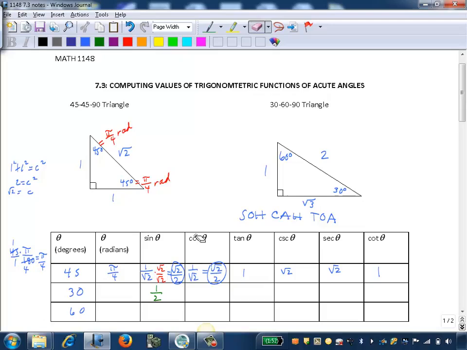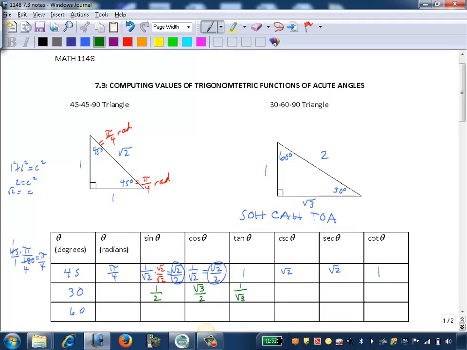And then cosine of 30 is the adjacent over the hypotenuse, so that would be radical 3 over 2. Tangent is the opposite over the adjacent, so the opposite of 30 is 1, and the adjacent is radical 3. So I have 1 over radical 3.